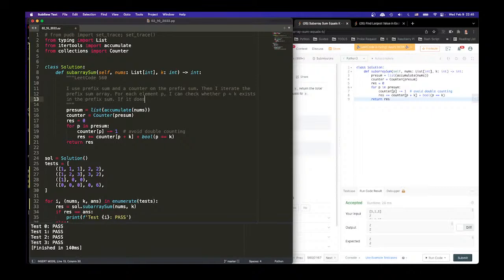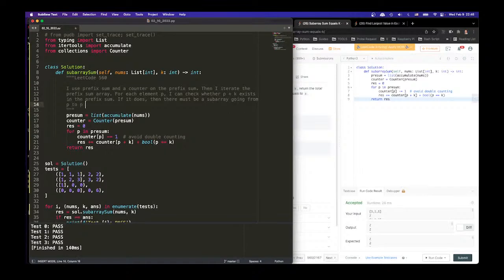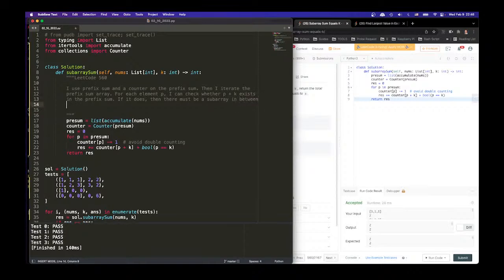If it does, then there must be a subarray going right from p to p plus k, and there must be a subarray in between p and p plus k that sums up to k.